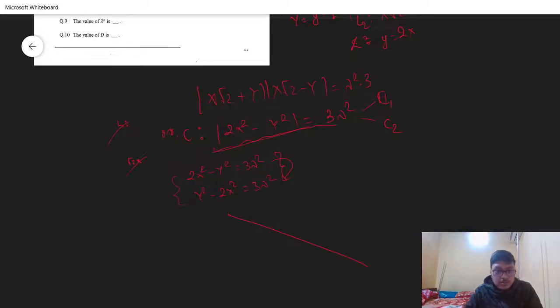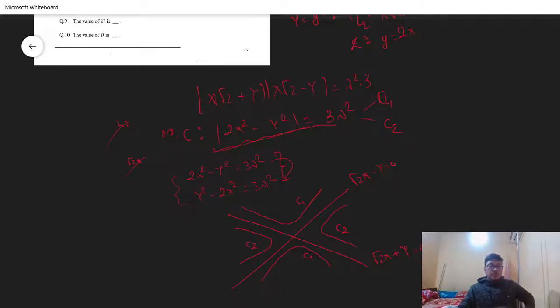So suppose these are two lines, root 2x minus y equals 0 and root 2x plus y equals 0, then we get the first hyperbola. It is C1, C1, C2, C2, and we could see that the line LS, after shifting, we get capital Y equals 2x, which passes through this point because this is origin now.